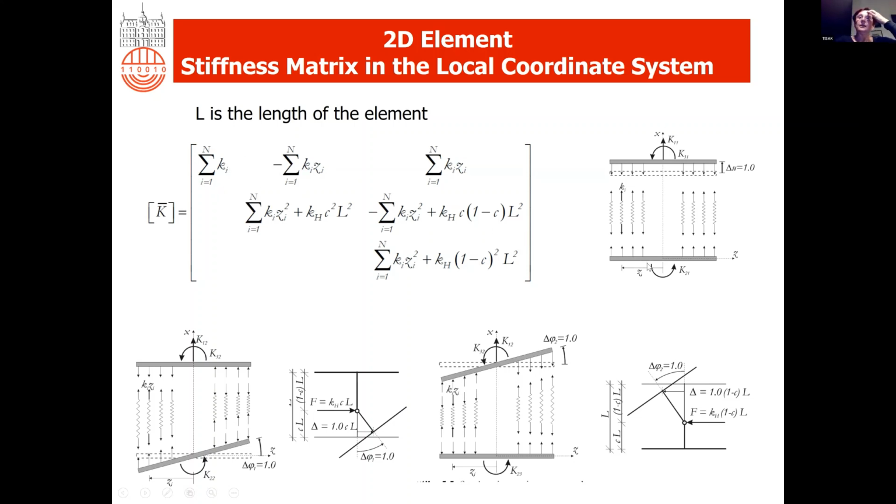And then we can calculate the moments due to this displacement and so on. You already know how the stiffness matrix can be formed.